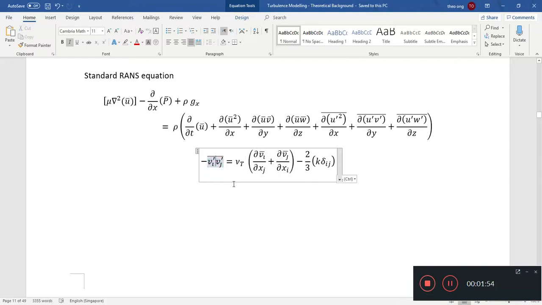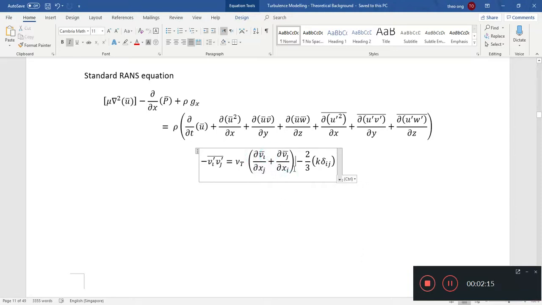But what it's saying is that I have this Reynolds shear stress term. I've divided it by density, of course, and then you have the turbulence viscosity times some velocity gradient. This is also called the strain rate.